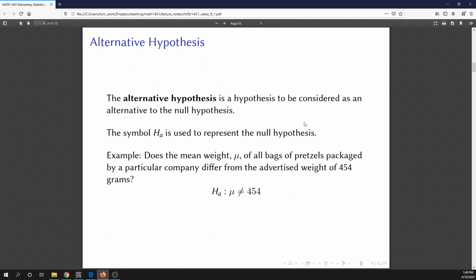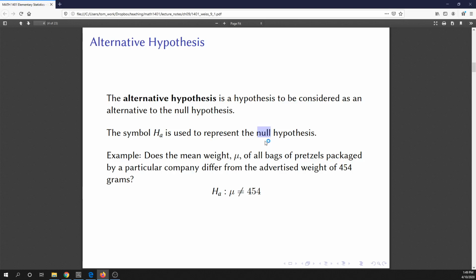The alternative hypothesis is a hypothesis to be considered as an alternative to the null hypothesis. Maybe it's what you think has happened to the population parameter or population mean. So we'll use the symbol H sub A to represent the alternative hypothesis. This should say alternative hypothesis here, so that's a typo.